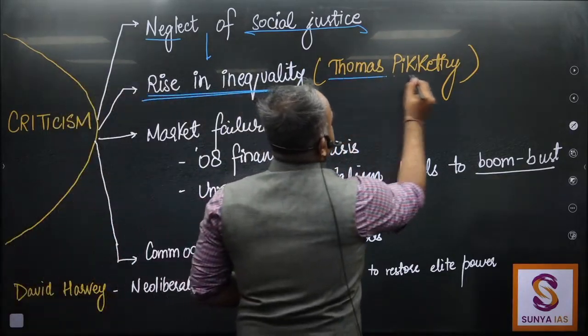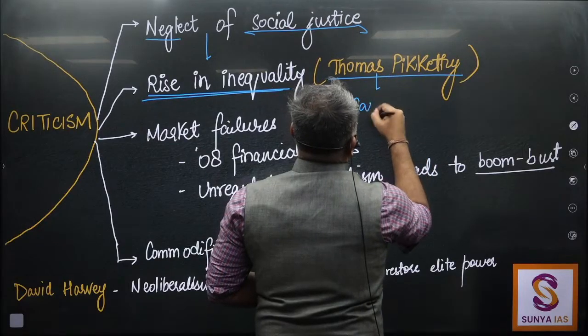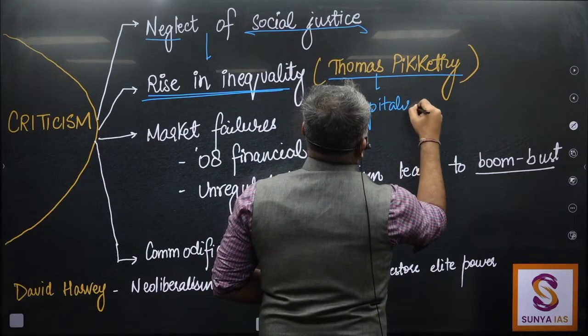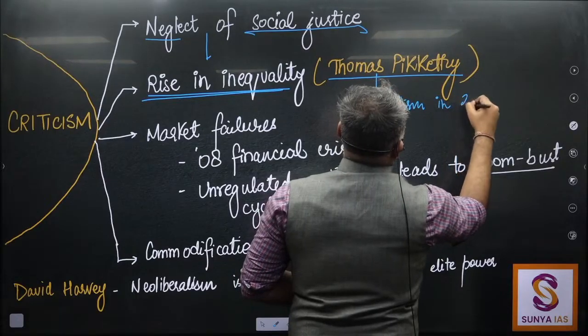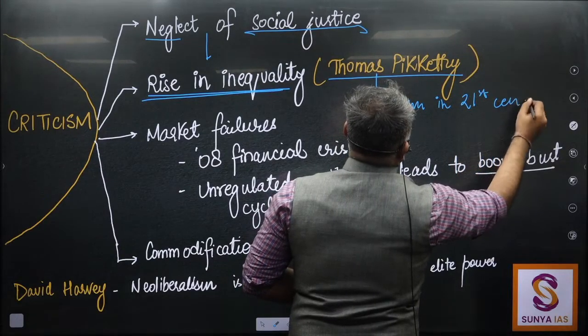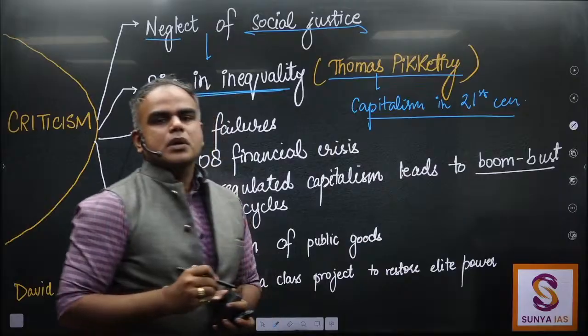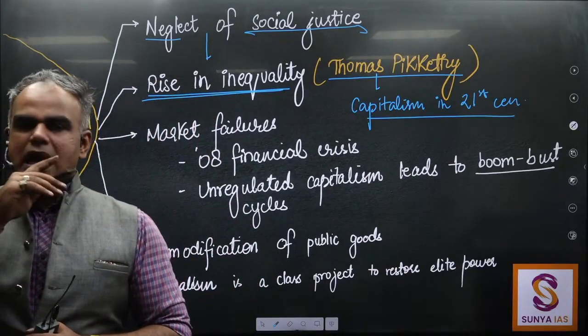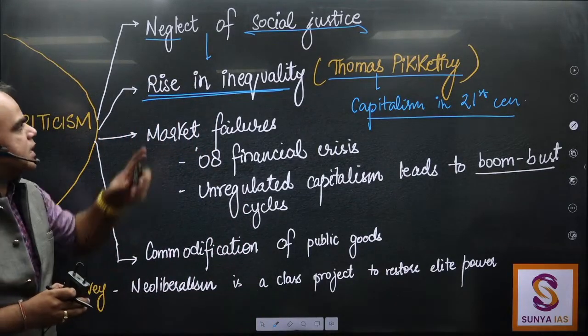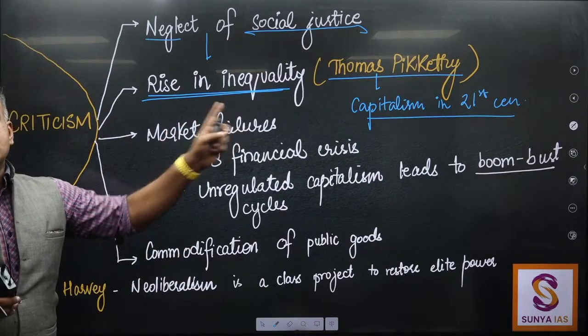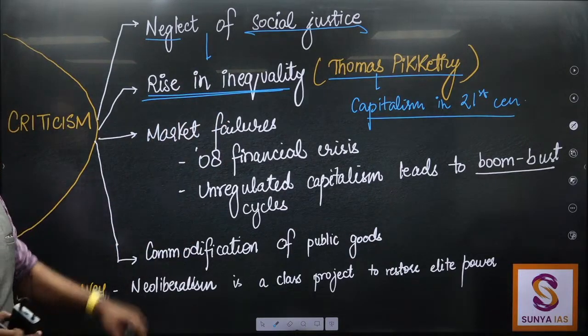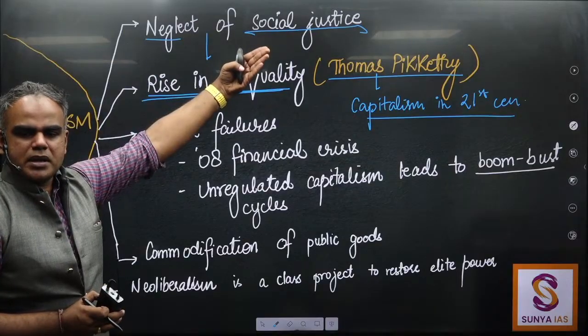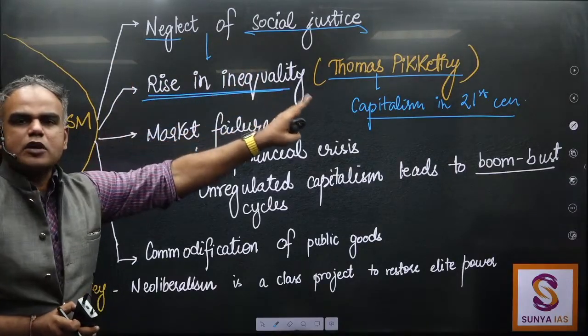Thomas Piketty's book Capital in the 21st Century talks about how the neoliberal state has not led to enough prosperity, but has only increased inequalities and social divides. So one, neglect of social justice is happening. Second, there is a rise of inequality.